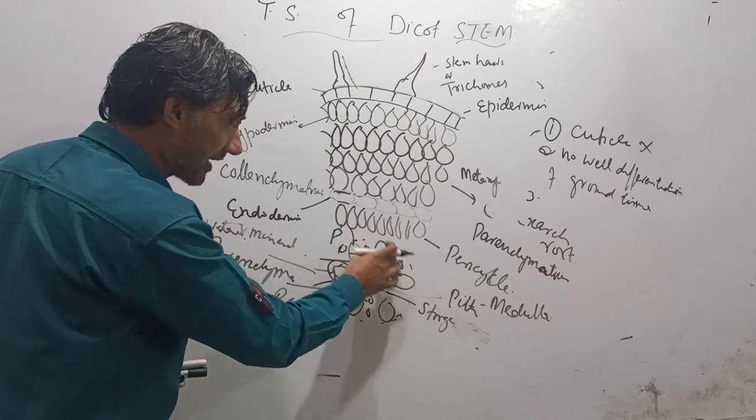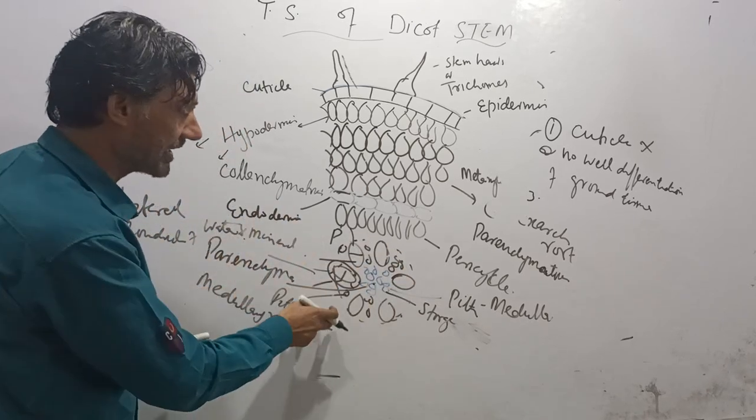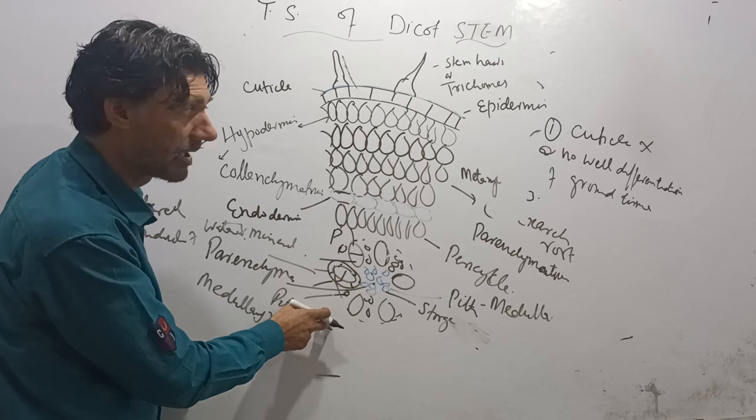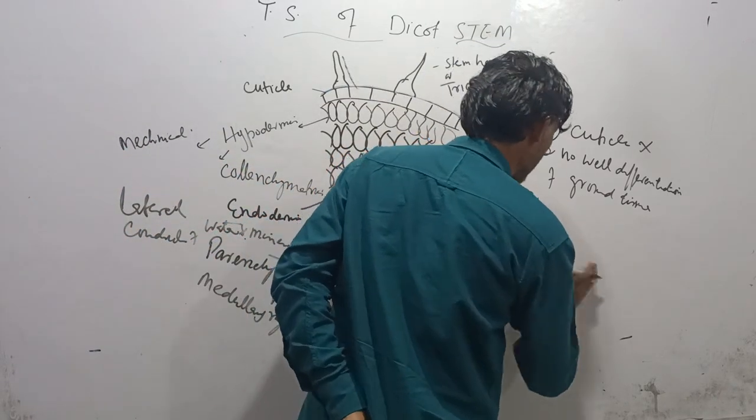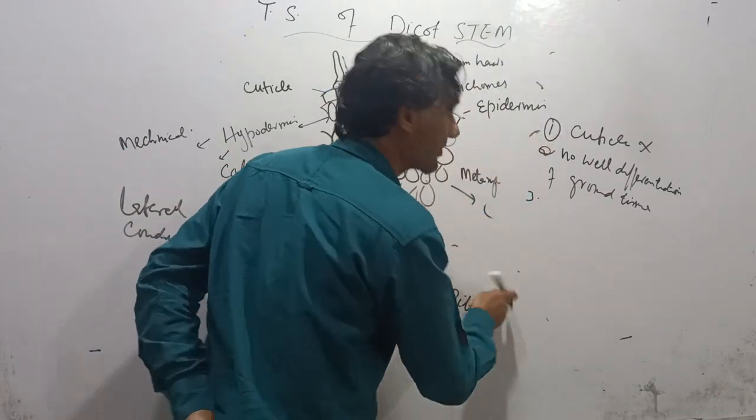Number three: the arrangement of vascular bundles. In the dicot it is a ring pattern, but in monocots the vascular bundles are scattered.